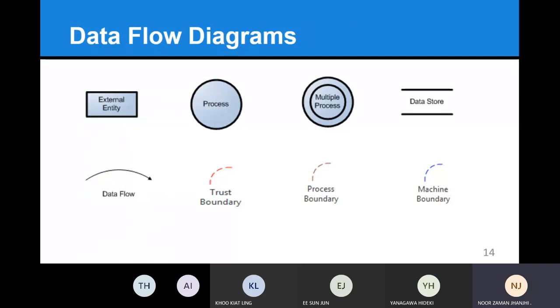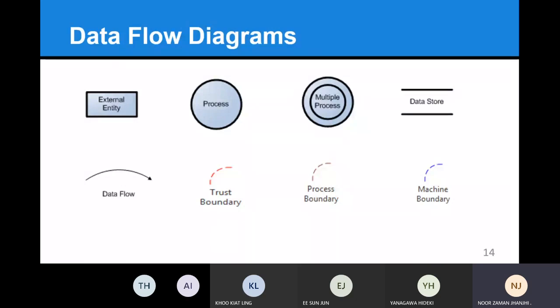And multiple process, we will use this shape. I'm sure that you already know about the external entity and the process. You already use them in your flow diagrams, and maybe a few of you already use the multi-process as well. Data store, this is the sign. Data flow, this is the sign. You can see that this is an arrow, but an arrow in a curve, a little bit changed from that one.